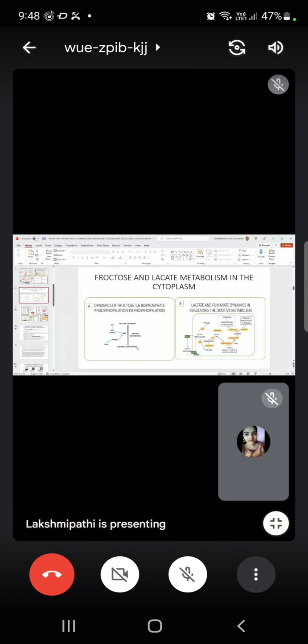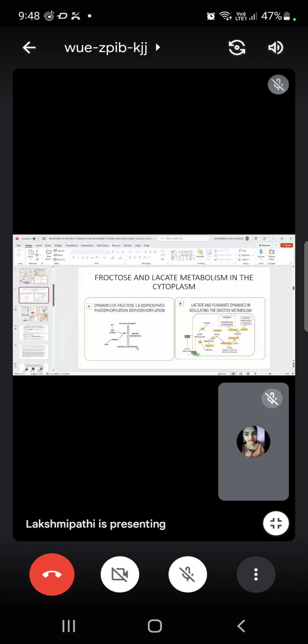Another is TIGAR, a TP53 induced factor that suppresses PFK1, whereas HIF1 activates PFK1. By suppressing PFK1, TIGAR is converting fructose 1,6 bisphosphate to fructose 6 phosphate. Where is it going? It is going to the hexosamine biosynthetic pathway, which I have already explained to you.